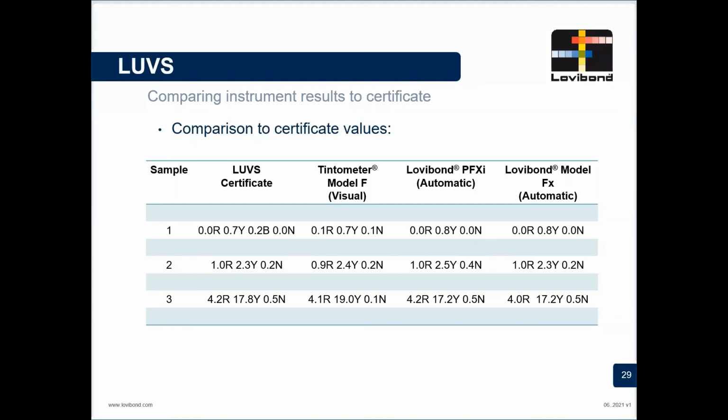And our middle sample, our 2.3 yellow on our certificate, fits fairly well with what we're getting for the different instruments. And again, when we come to the dark sample here, our 17.8 is fitting pretty well with the 19 yellow, the 17.2 yellow from the other instruments.